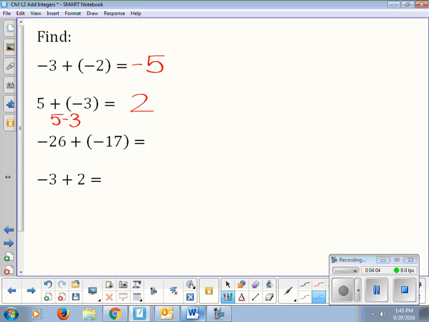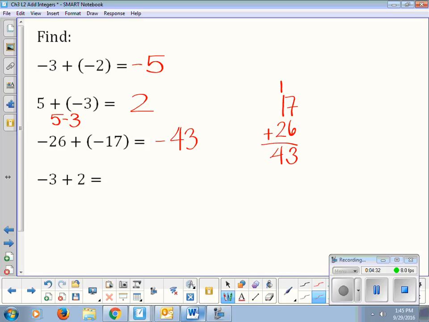For our next question, we have -26 plus -17. Same signs or different signs? Same, so we're going to add and keep. If you want, you could do 17 plus 26 off to the side. What is 7 plus 6? 13, and 1 plus 1 plus 2 is 4. And what do we have to keep with this?